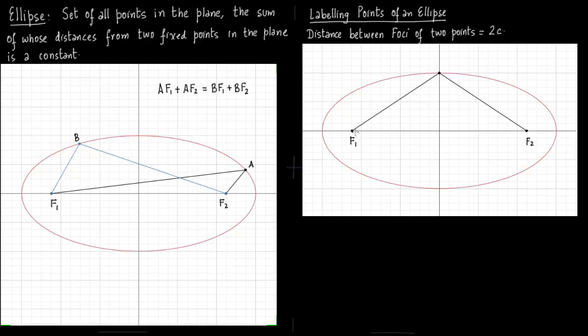Focus 1 is at a distance c from the origin or the y-axis. Similarly, focus 2 is at that distance c from the y-axis. So we mark this point here as (0, b), and the corresponding point here is (0, minus b).